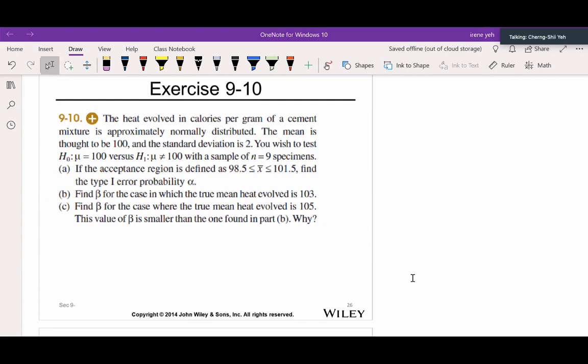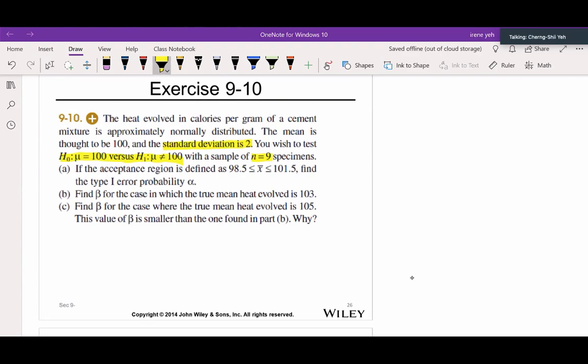We know the population is normally distributed, and we want to know if the population mean is exactly 50. We also know the population standard deviation. Here is your hypothesis testing. It is a two-sided hypothesis test. Sample size is 9.